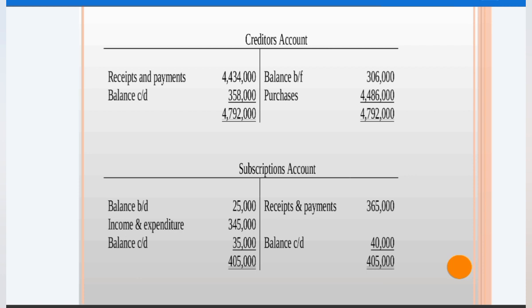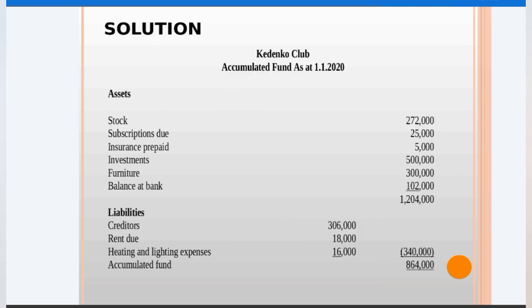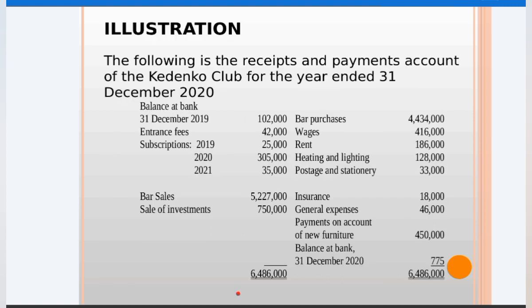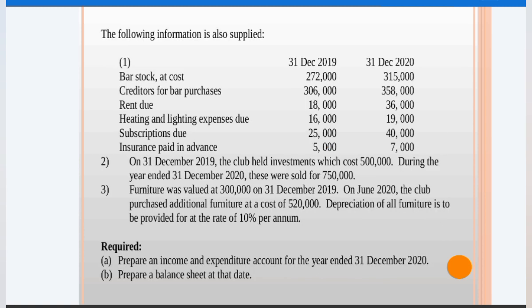Then we look at our receipts in the income and expenditure and the receipts and payments. You can see from our receipts and payments, we have the receipts of 305,000, but we have to determine the receipts for the current year.